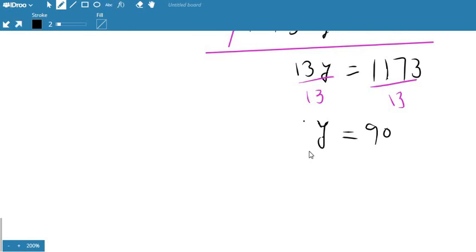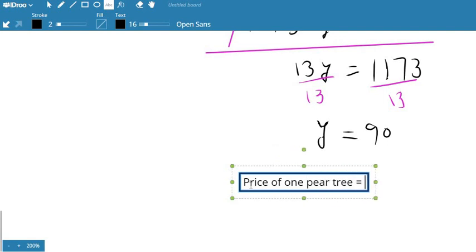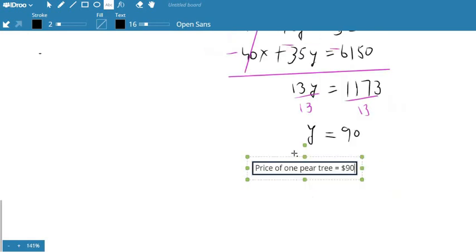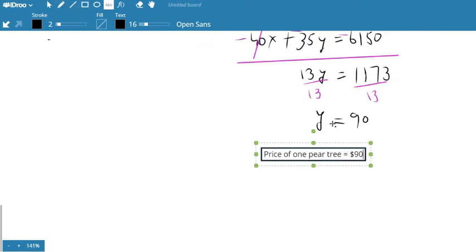You have to interpret it. If you go back and see what y was, y was the price of one pear tree, equal to $90. But we were interested in finding the price of one apple tree. So the problem is not complete here.